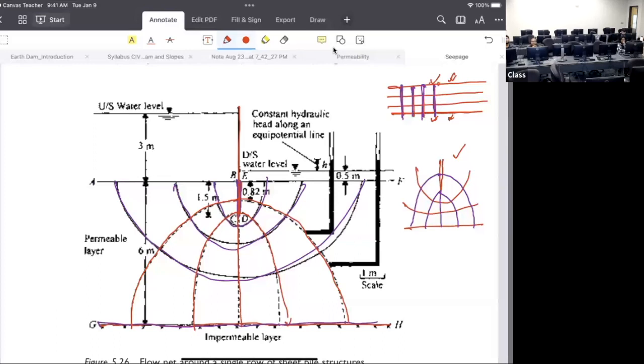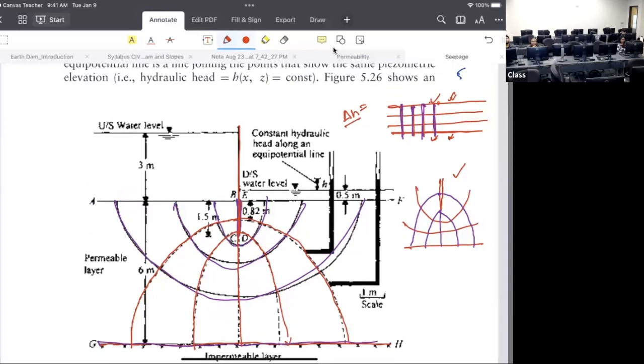So our del H is the potential head, 2.5, divided by the number of drops. Correct? So that is del H.